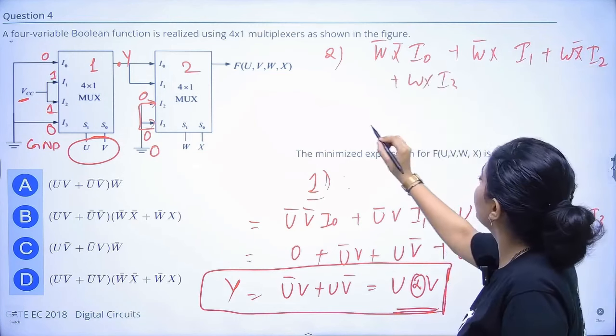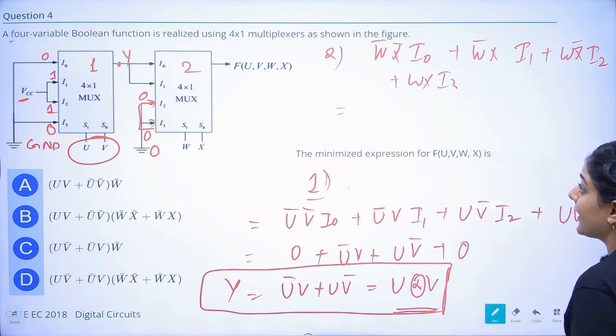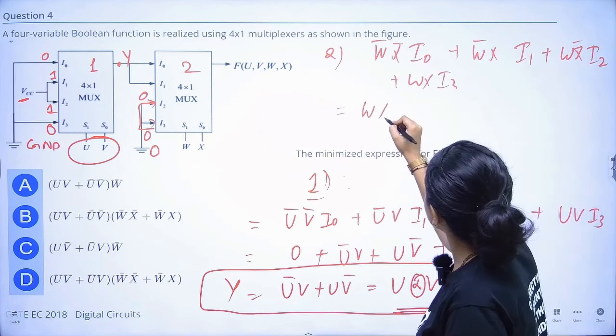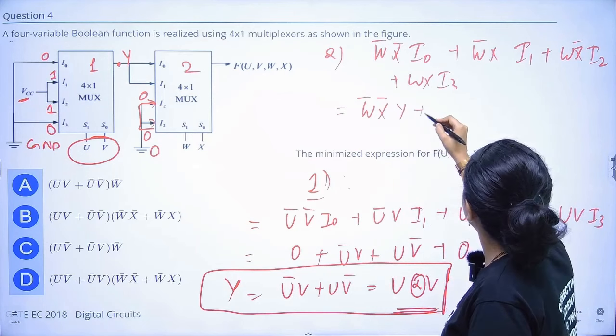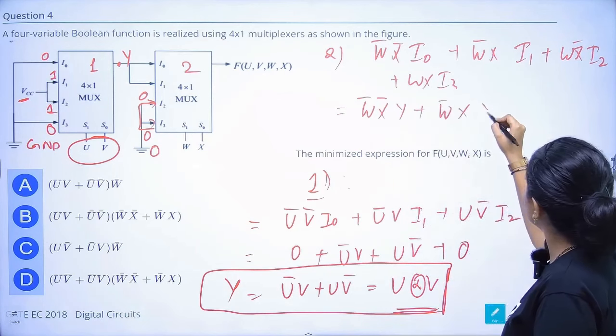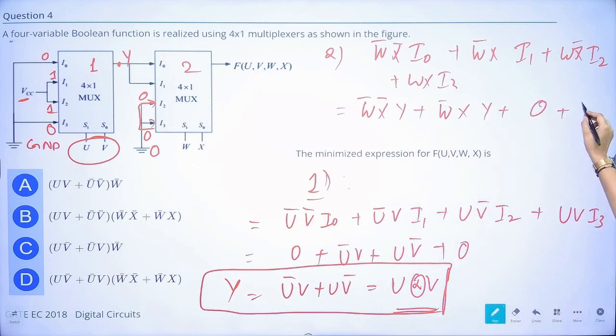Now in this case, I0 is equal to Y, and I1 is equal to Y plus 0 plus 0, since I2 and I3 are 0.